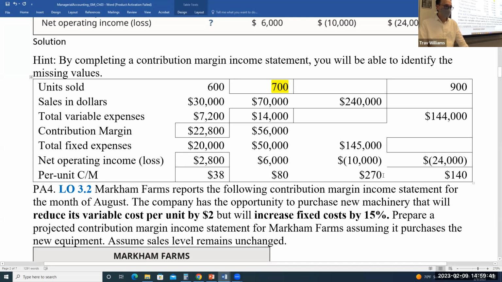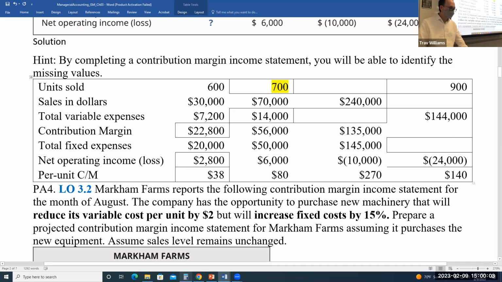This one we're gonna have to work backwards on as well. So let's start here. We had a $10,000 loss, 145,000 in fixed expenses. What must our contribution margin have been? 135,000. Very good.